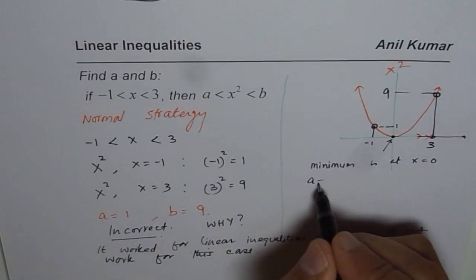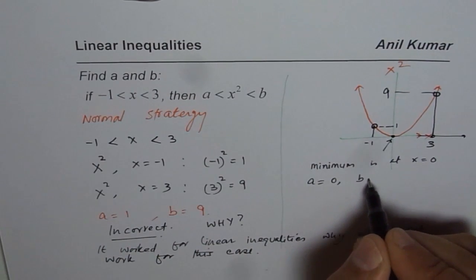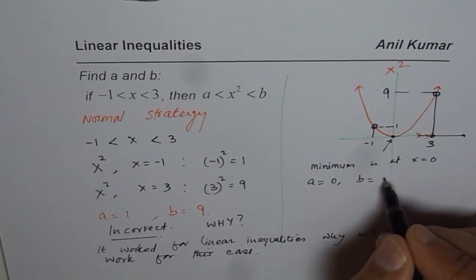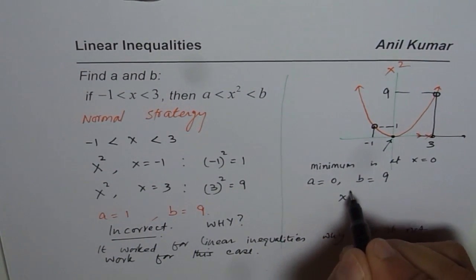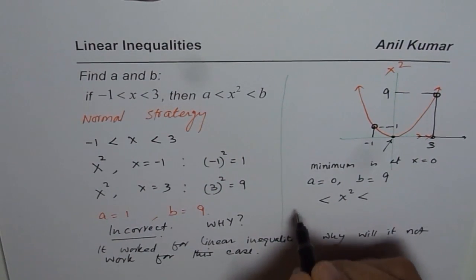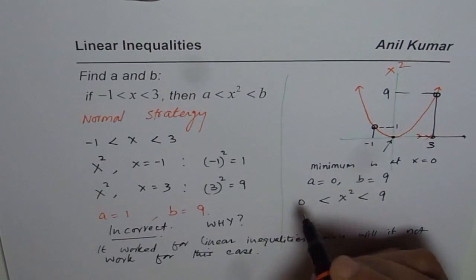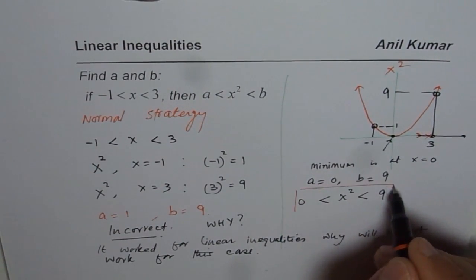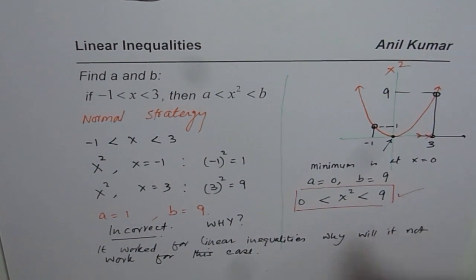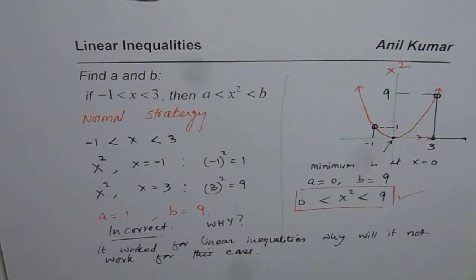Therefore, a equals 0 and b, the maximum value, is 9, and therefore we say x squared is between 0 and 9. And this is indeed the correct answer.